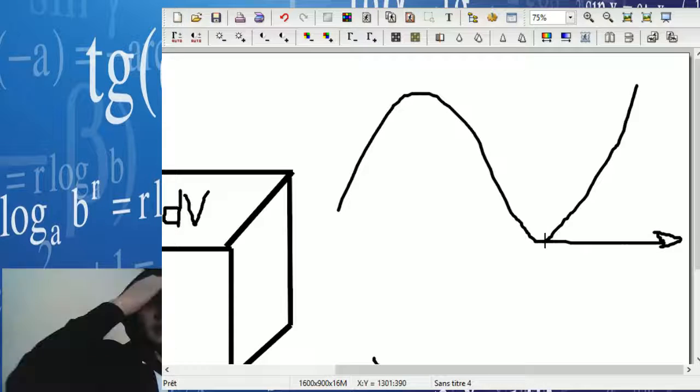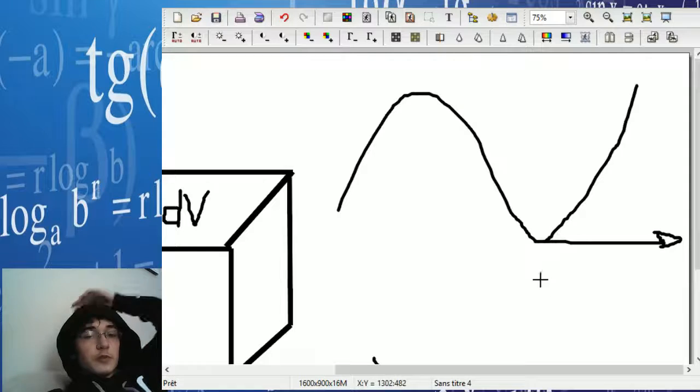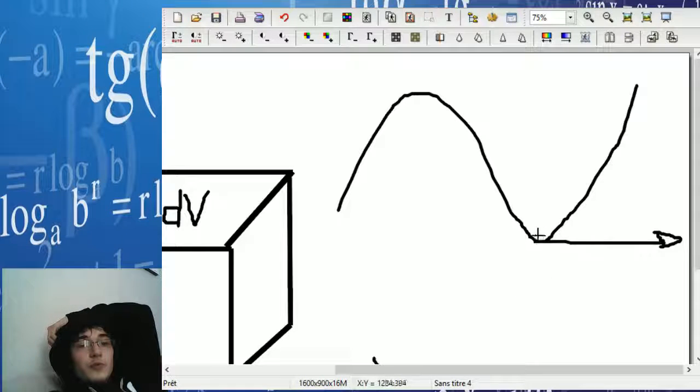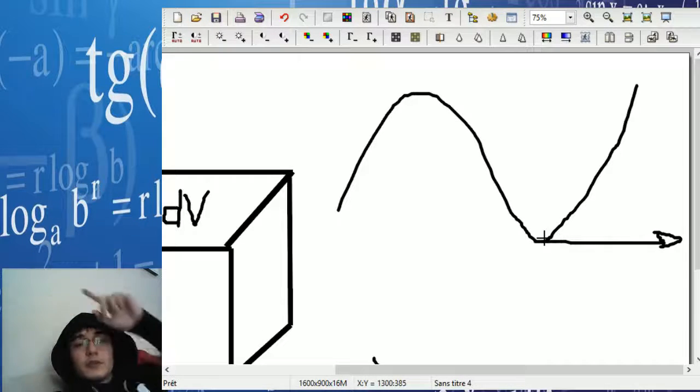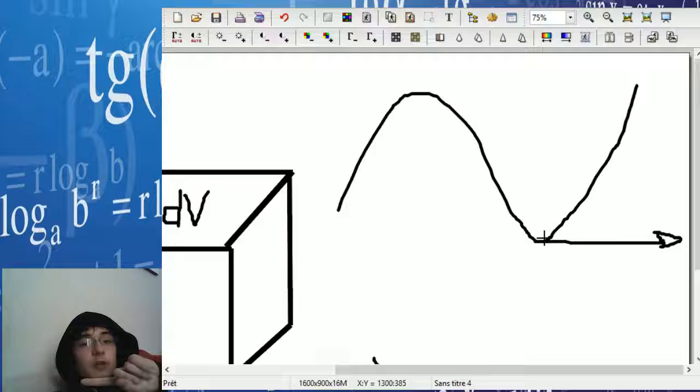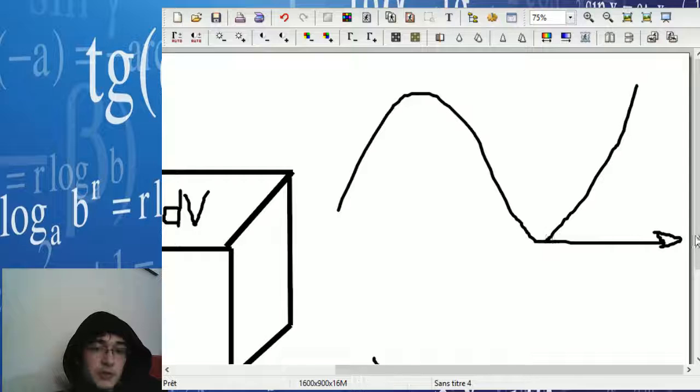In French, the ligne de champ, so the lines that are tangent to the speed, not the trajectory. And you'll do the approximation that the tangent of the speed at a certain moment of the particle of fluid is about the same as the trajectory. You can see on this example it's not at all the case, because the tangent of the speed is here and the trajectory is here.